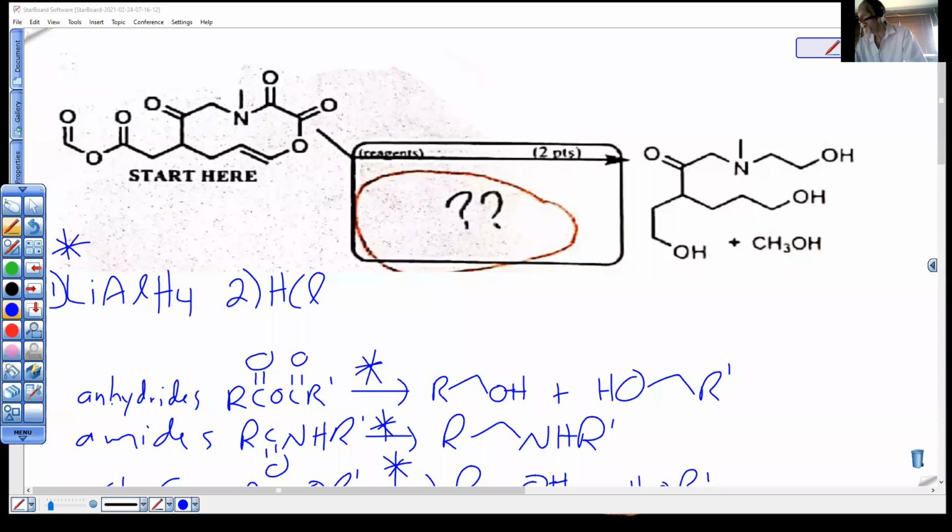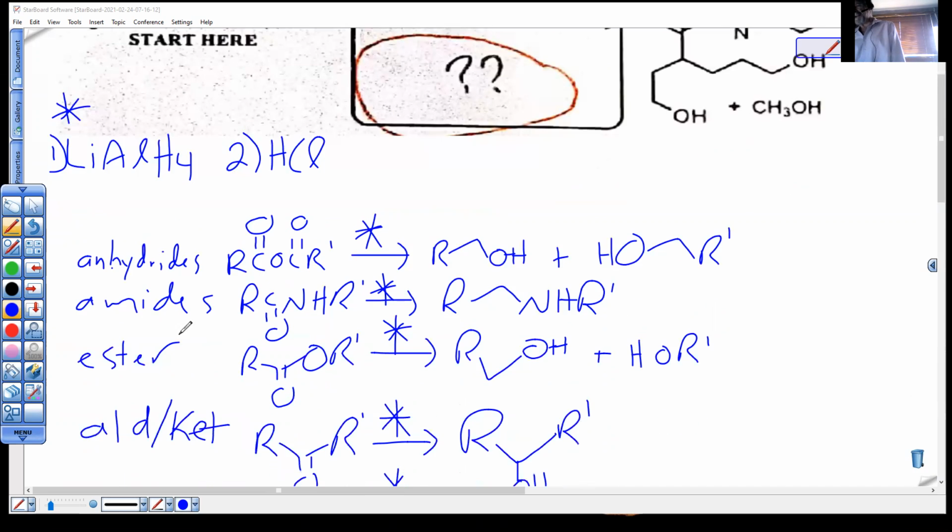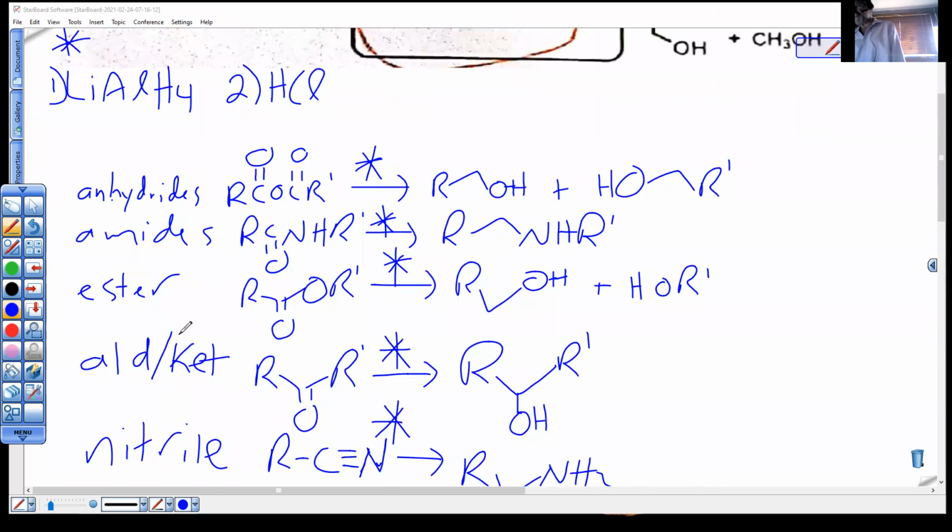We're back and we're going to do reductions of carboxylic acid derivatives. Lithium aluminum hydride is a very versatile reducing agent. It will do, this is not a complete list, but this is a good summary here.